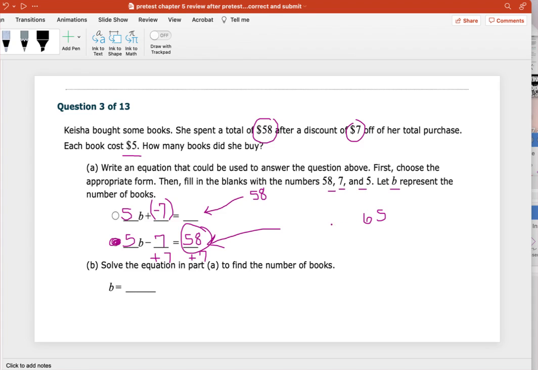And 65, I've already taken the 7 away, is 5b. So now what we're going to do is 65 divided by 5. 5 goes into 6 one time. 1 times 5 is 5. Subtract. 5 into 15 is 3. And my answer is 13 books.